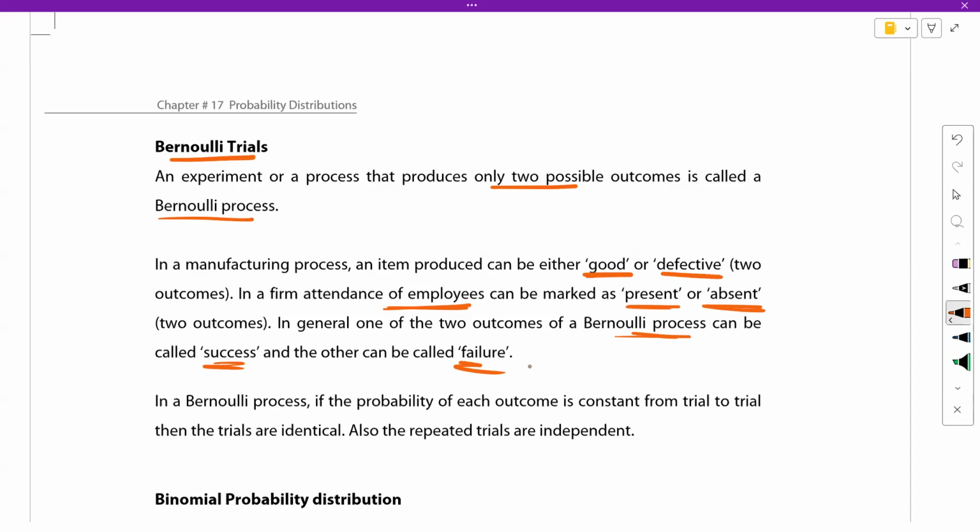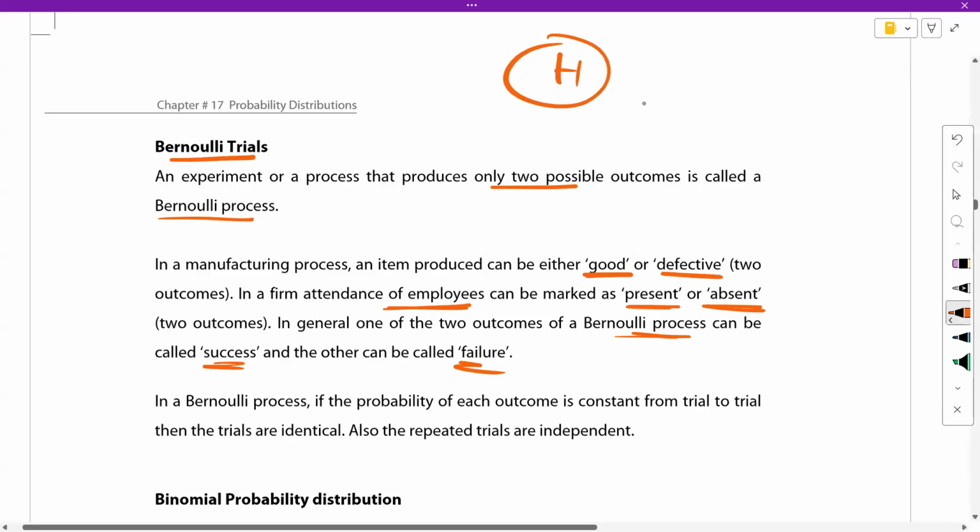If you expect head when someone tosses a coin, then the success is head and failure is tail. But in the same case, if you expect tail, success is tail and head is failure. It's based on the context and concern.